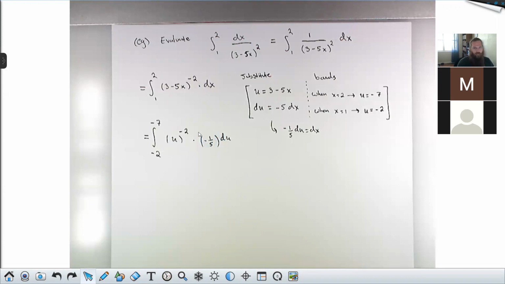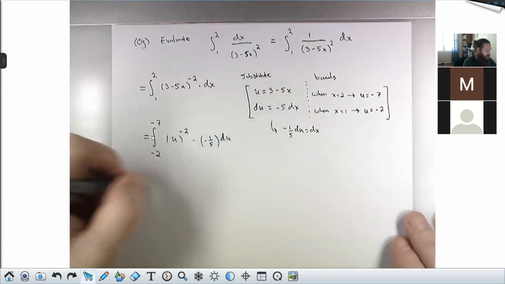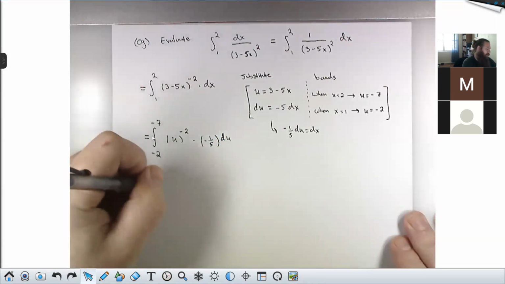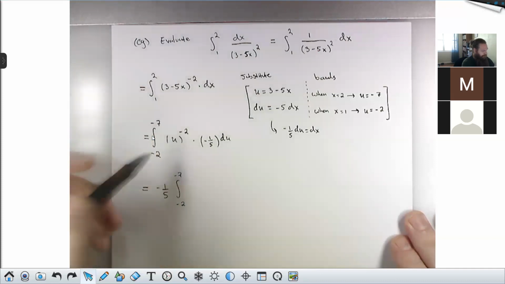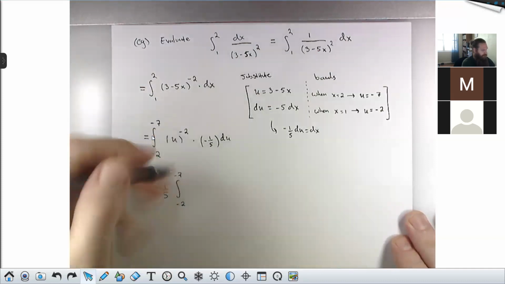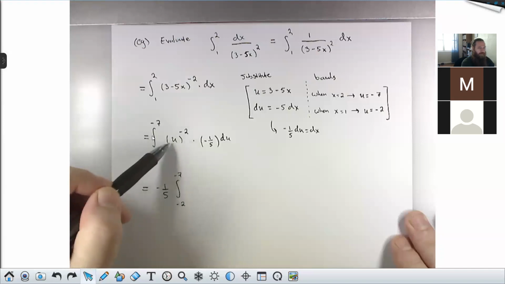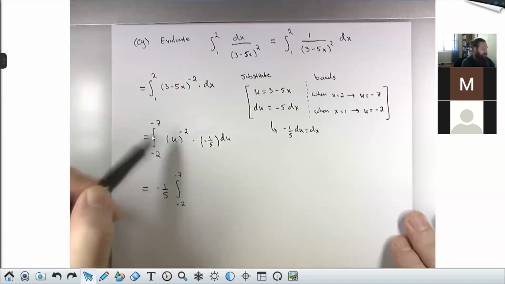Just like in the last problem, I can shuffle this constant multiple out to the front. And I get negative 1/5 integral -2 to -7 of u to the -2. I can ditch these parens now, right? Because this is a single piece.